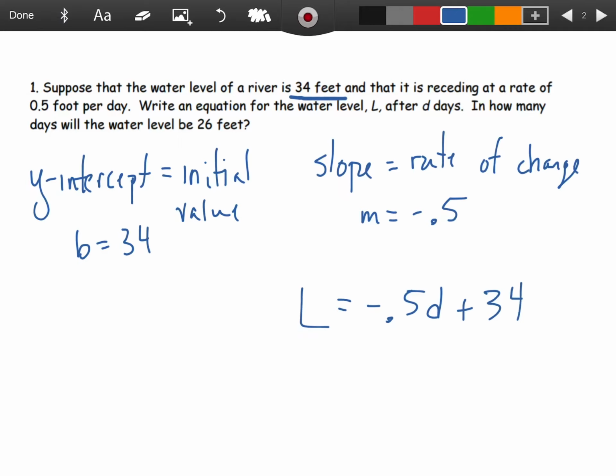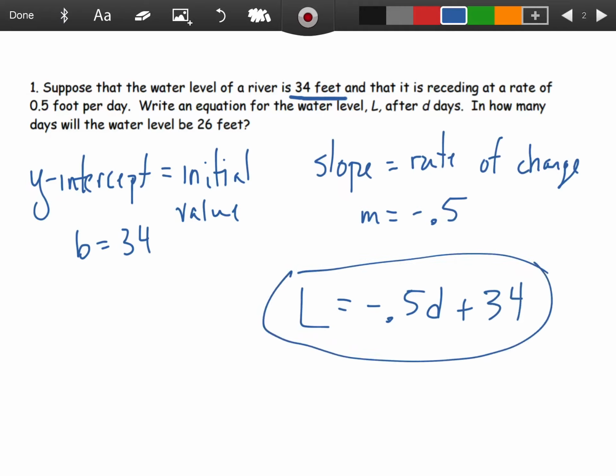It makes sense. If I plug in 0 for d, I get 34 for L. I know in 2 days, it's going to have gone down a total of 1 foot, so I should get 33 out. Yep, I would. So this is definitely my correct equation.